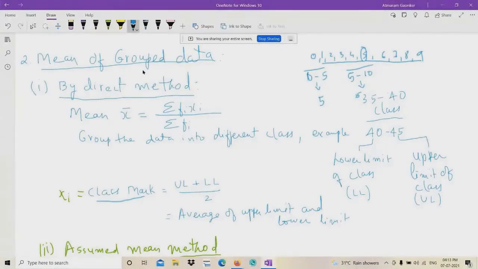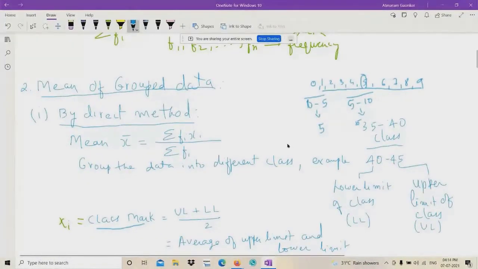So by the direct method, the mean is given by the same formula as we had seen earlier, summation of fi xi divided by summation of fi. So this is the formula for calculating the mean by the direct method. You have to know this formula, and you have to understand what the class mark xi is, which is the average of the upper limit and lower limit of the class.